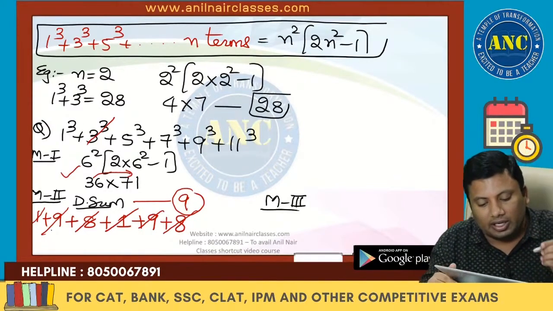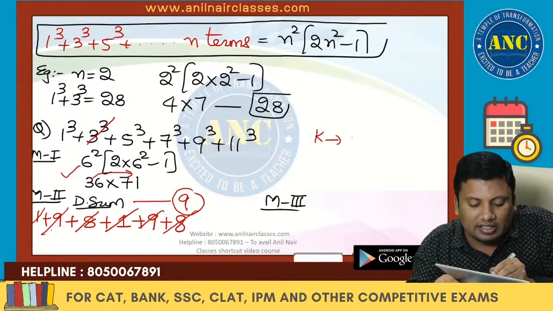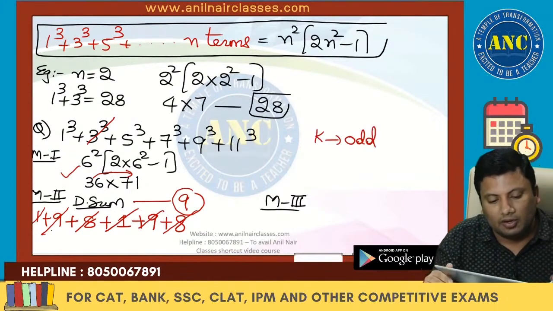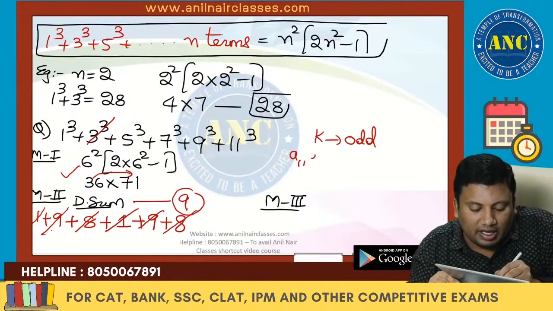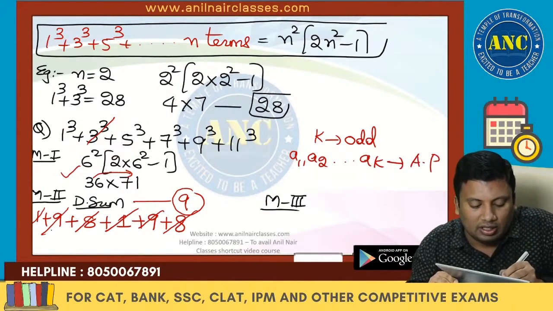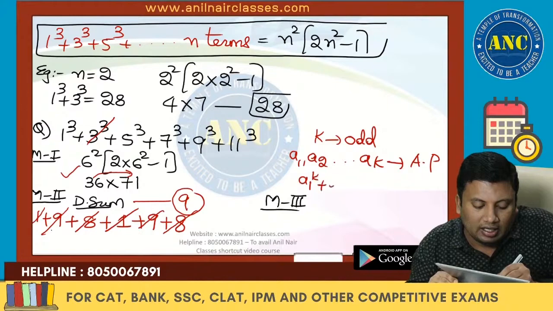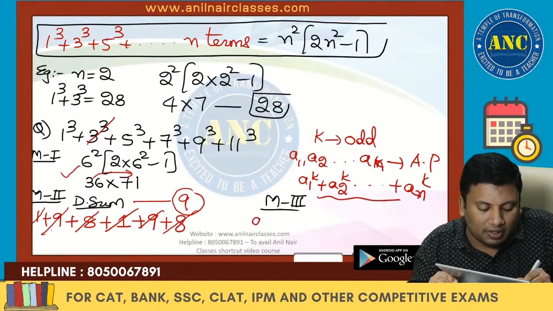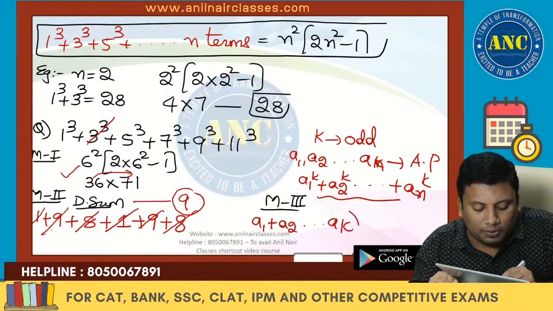Next one. Method number 3. If k is an odd number, we already discussed, if a1, a2 and so on up to ak are in arithmetic progression, then a1 power k plus a2 power k and so on up to ak power k is divisible by the sum of the bases a1 plus a2 and so on up to ak.